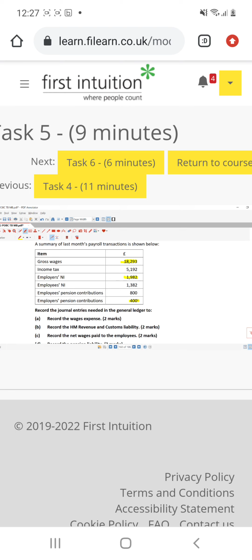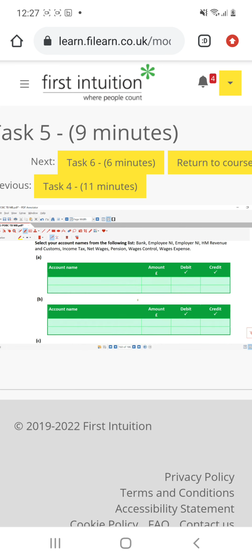If we add up those three items, the cost to the company will be shown as an expense in the account. So the expense will be a debit of that total of those three, which is 20,675, and we will therefore credit the same amount to the wages control itself, as that's all the control is there to do, to show where the money is going and to whom.